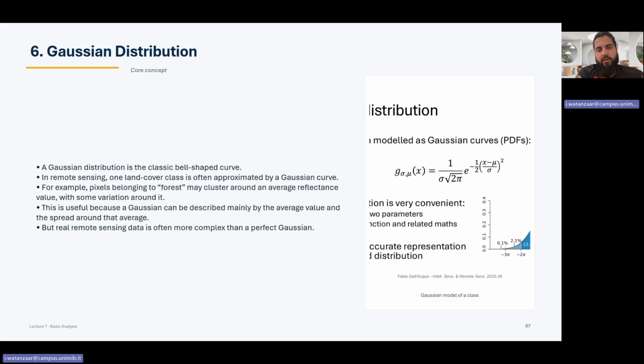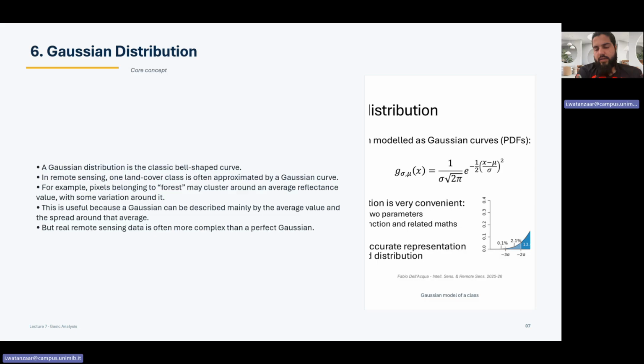This is a really good example. Forest is not a small area, so it covers a good amount of area where we will see the reflectance as an average, because it is overall vegetation and can be easily reflected, with some variation around it.